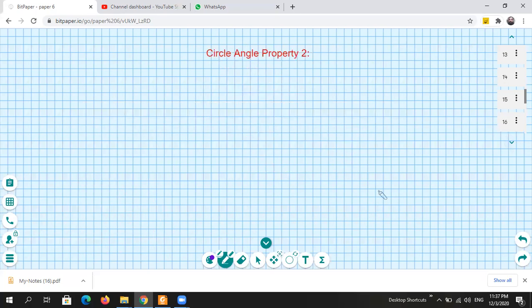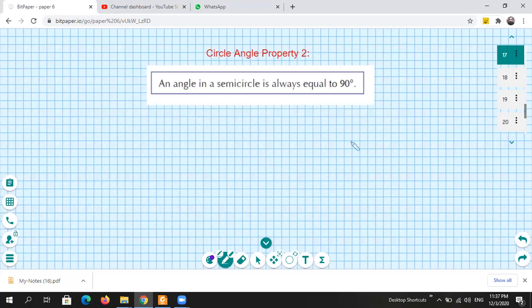All right, next property, second property, circle angle property number 2. The statement is an angle in a semicircle is always equal to 90 degree. So what is meant by semicircle? Semicircle is a half circle.